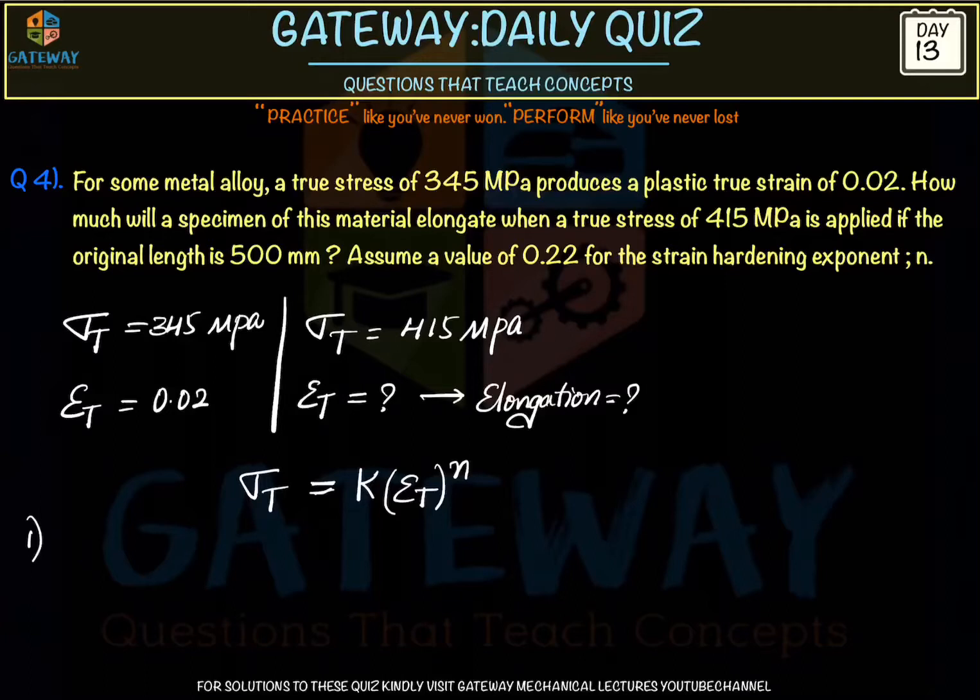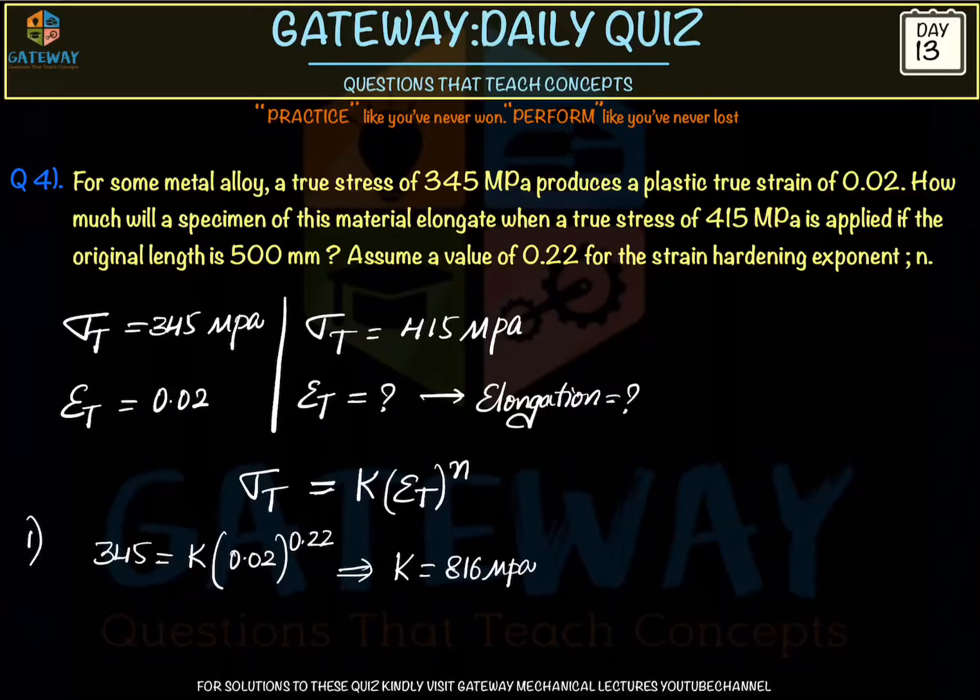Strain hardening is nothing but strain increasing. In our first condition, 345 megapascals equals K, which is unknown, times the strain 0.02, to the power 0.22. From this relation we get the value of K, which comes out to be 816 megapascals. That's the proportionality constant we've got.